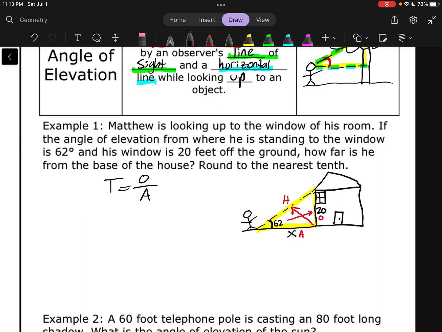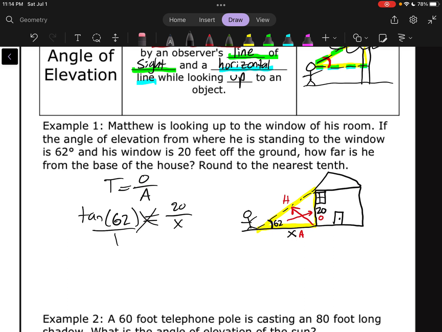Tangent is the function that uses O and A. We don't really care about the hypotenuse right here. So let's write our equation. Tangent, parentheses, equals ratio. Inside the parentheses always goes the angle, so that's 62. And in this case, we want O over A, so that's 20 over x.